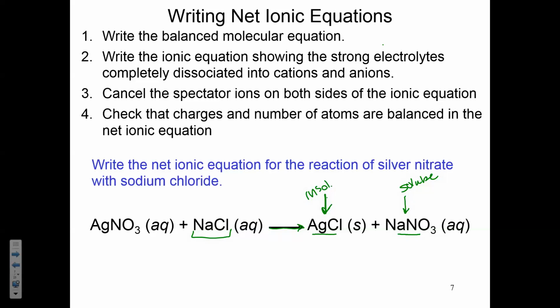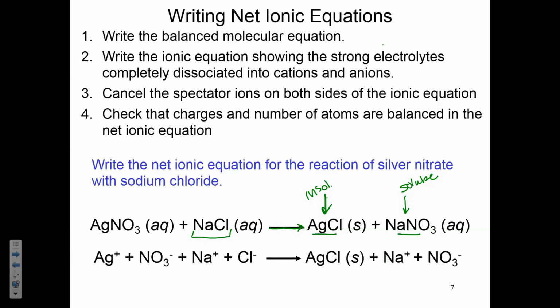So let's break everything down now into ions, working with charges. I'm going to start here, and we see that we have NO3. There's a 1 back here. Remember, the first element in the compound is always positive, and the second one is negative.